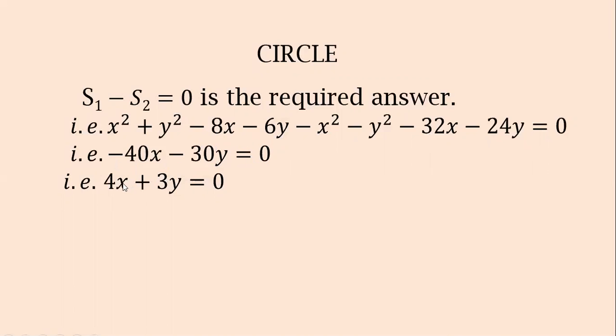So after simplification, we get the equation of the perpendicular. So this is the answer of 50: 4x plus 3y is equal to 0.